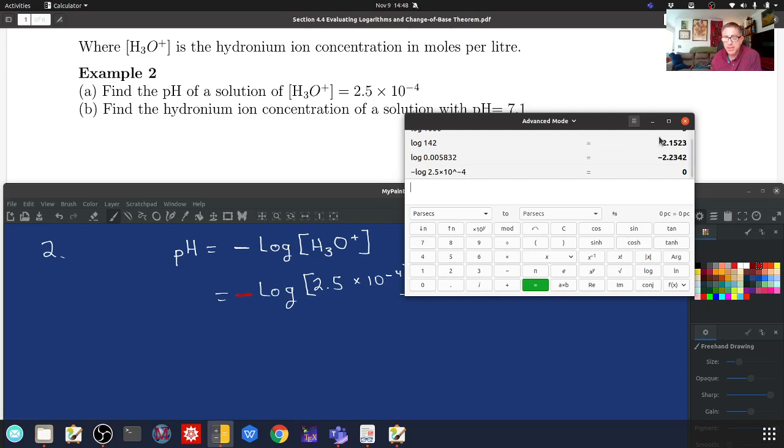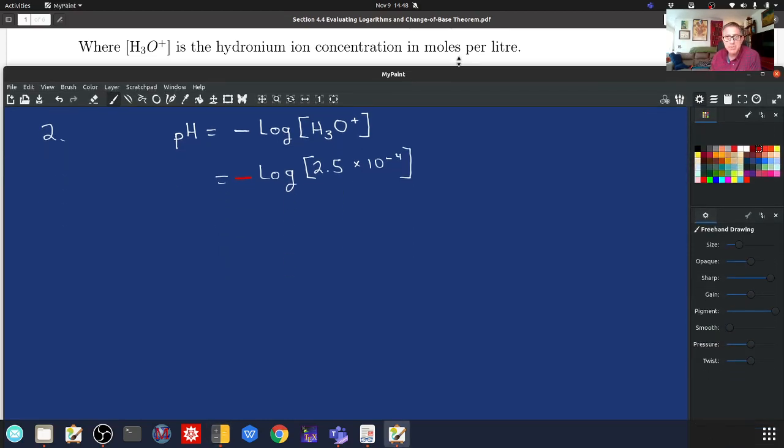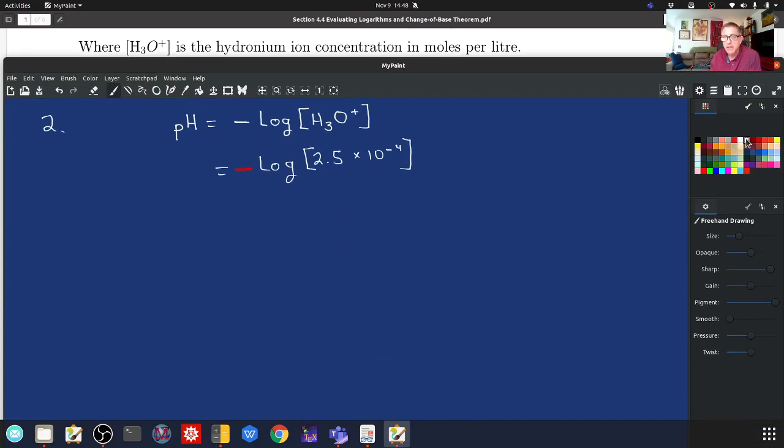Well, let's break it down. Let's do as much math here, and you can probably figure this out on your own calculator. This is minus the log. Let's use logarithm rules. Minus the log of 2.5, this is multiplication, times 10 to the minus 4.